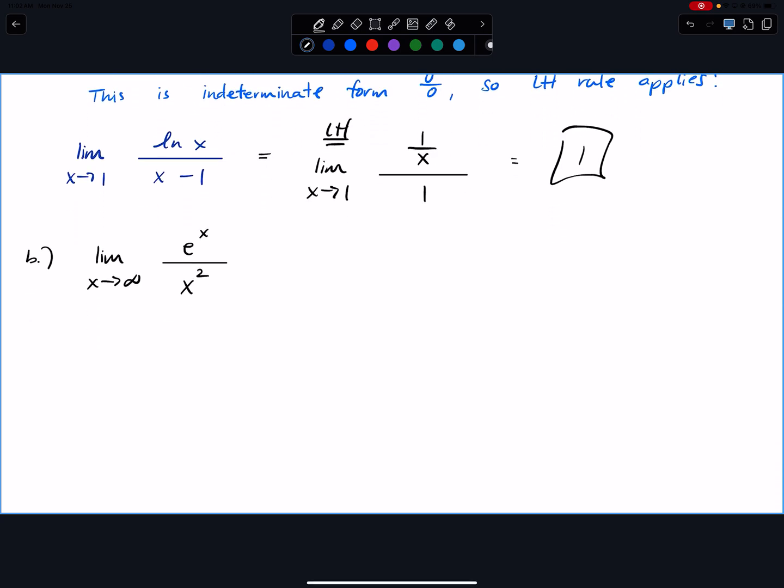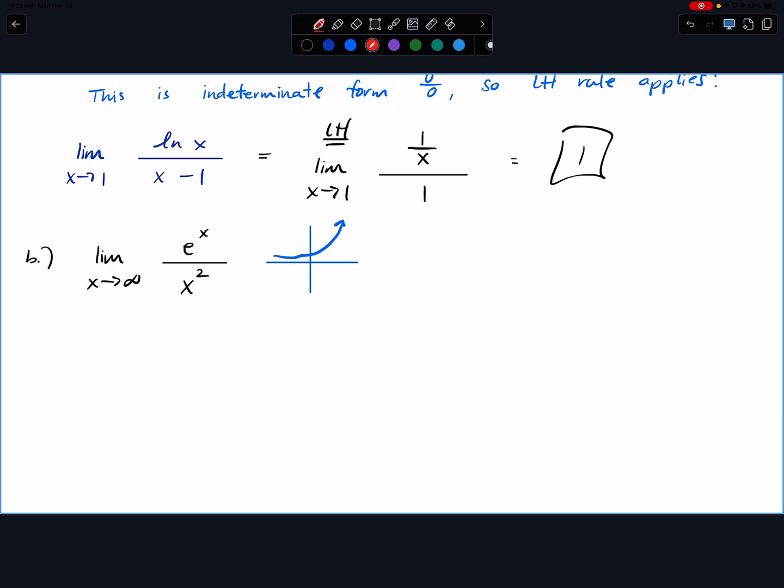Okay, we have to kind of have an idea of how graphs work for this problem. E to the x, this is an exponential graph, right? Do you guys understand that exponential graphs look something like this? So as x goes to infinity, where is this arrow going to be pointing towards? Infinity.